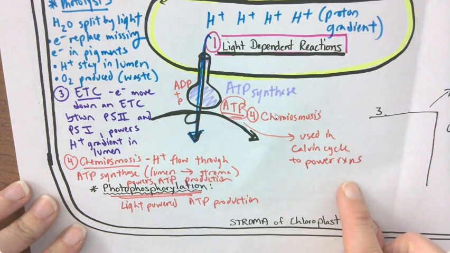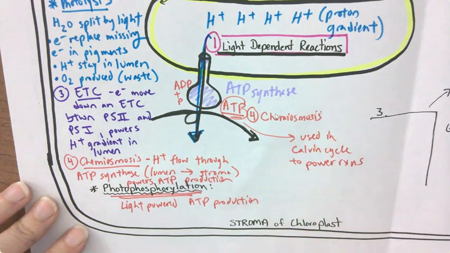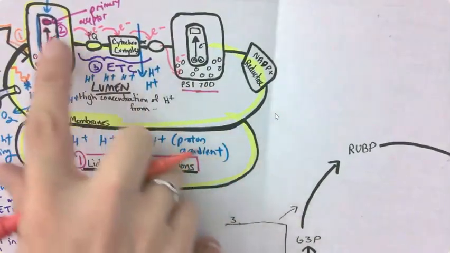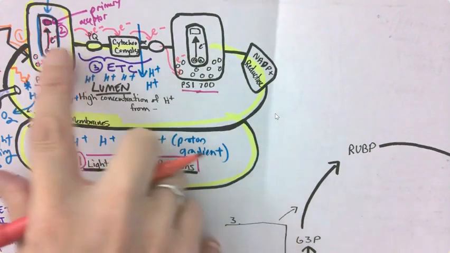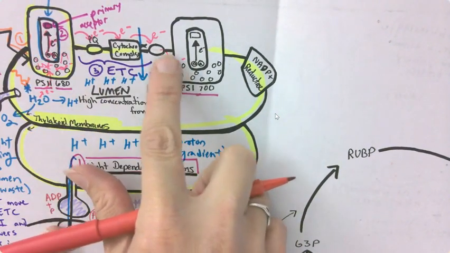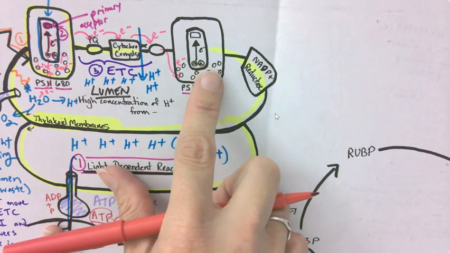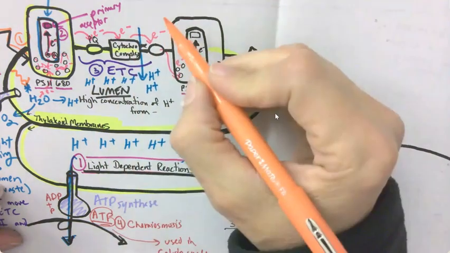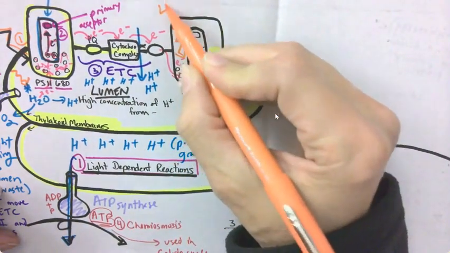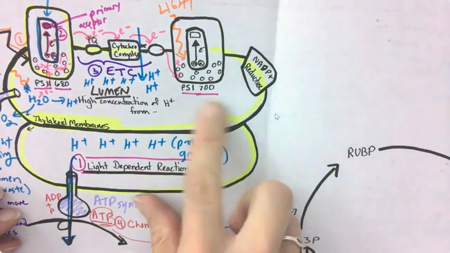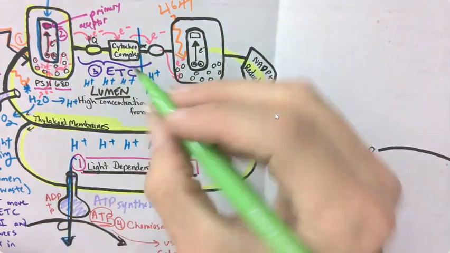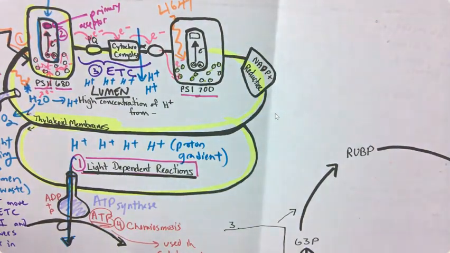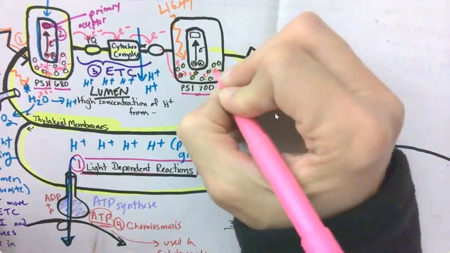Now, we've left those electrons kind of languishing in photosystem 1. So let's go back to our electrons. These electrons pass down an electron transport chain between photosystem 2 and photosystem 1, and they eventually end up in photosystem 1. Once again here, light is going to hit the pigments in photosystem 1. Those pigments are going to have excited electrons, which are bouncing around.